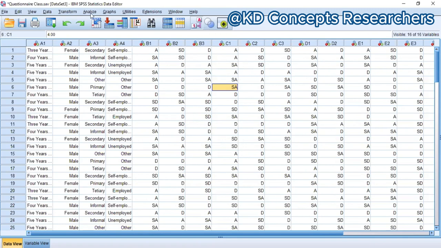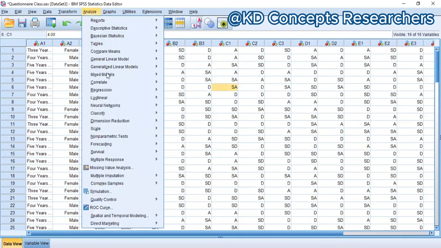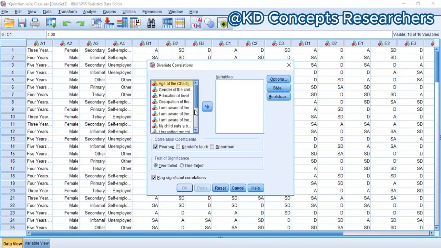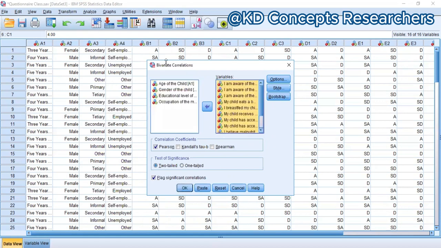We'll go back to analyze, then go to correlate, and choose bivariate. I'm going to reset this table. Now, I just want to correlate from my B to my E, so I don't need to add the demographic data. I will select with my shift from B to E, and move it.